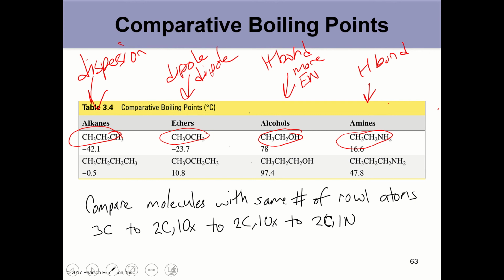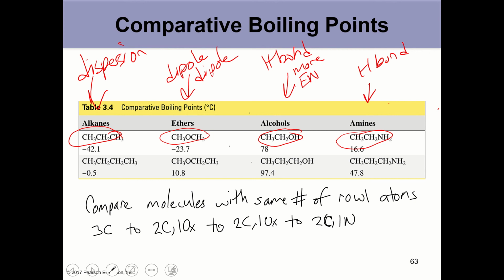It gets more complicated to compare molecules with 3 row 1 atoms to molecules with 4 row 1 atoms, unless we're comparing something such as 4 carbons to 2 carbons and 2 oxygens. Then 2 carbons and 2 oxygens would clearly be more polar than 4 carbons.